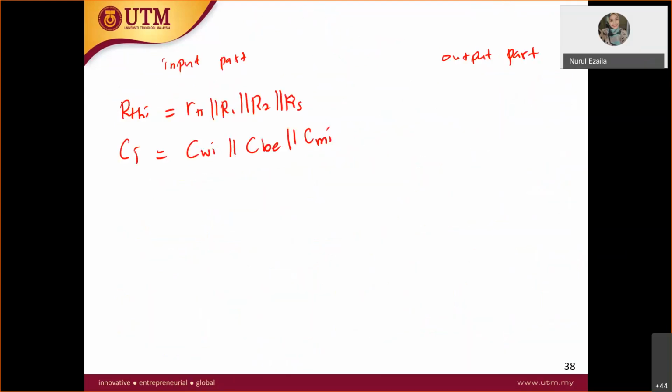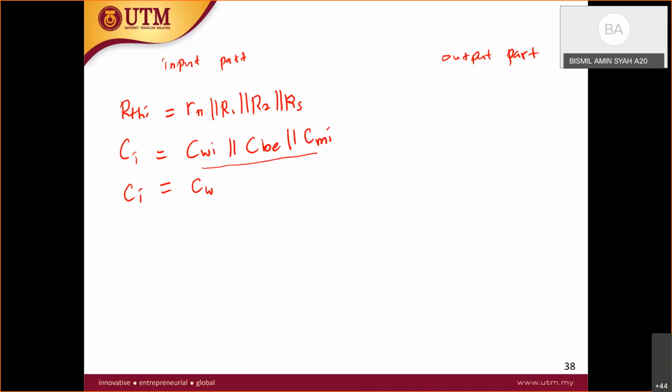When you have total capacitance in parallel, what happens to all these capacitances? C in is the total parallel capacitance. When in series, you have to do 1 over something; but when in parallel, we sum the three capacitors.